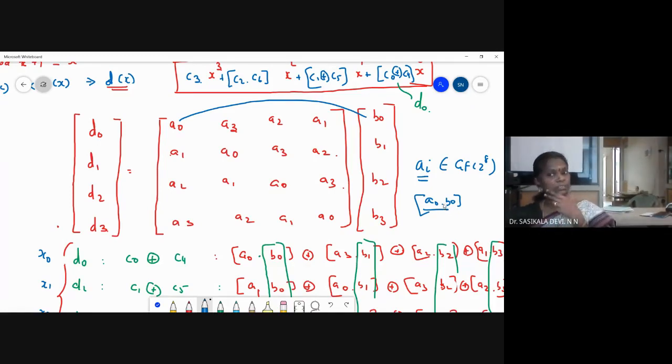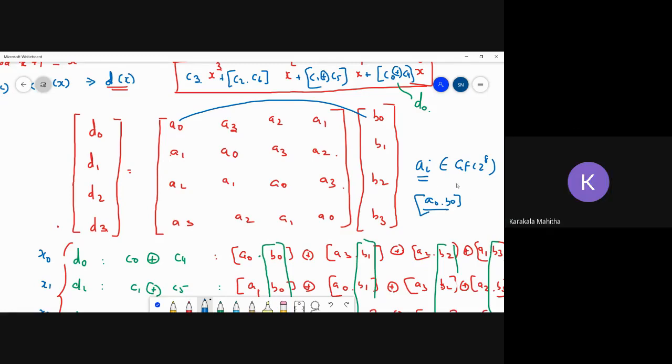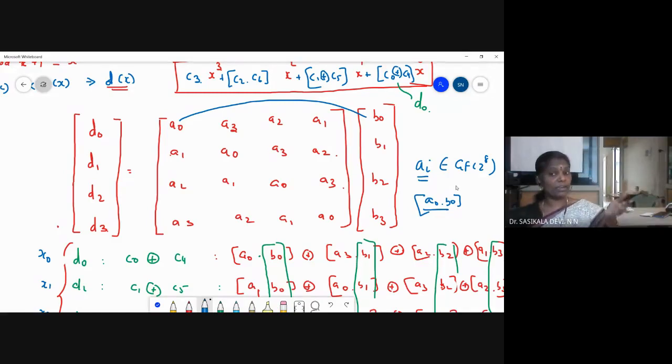What is that M of x? It is the standard irreducible polynomial x power 8 plus x power 4 plus x cube plus x plus 1.